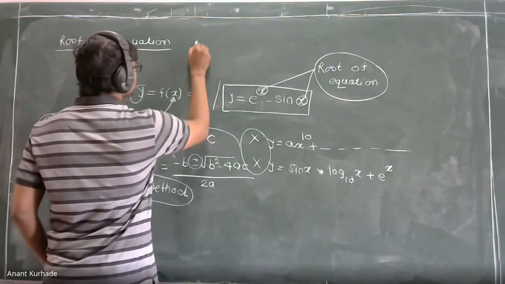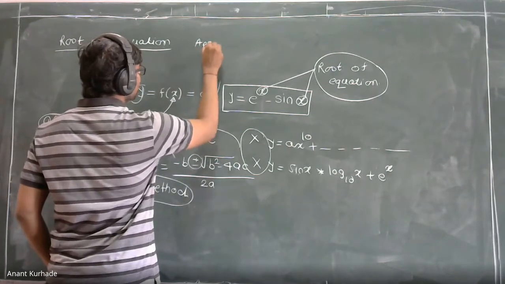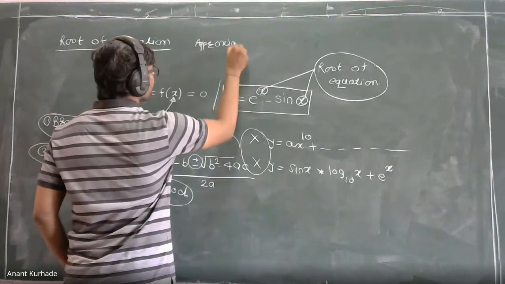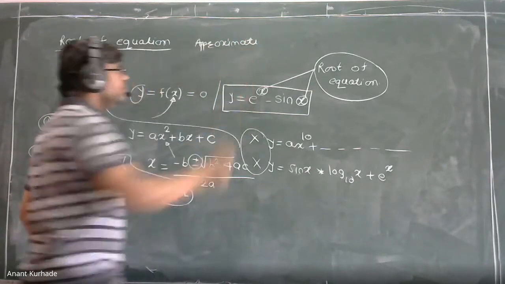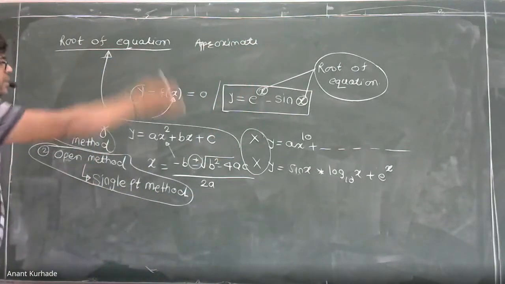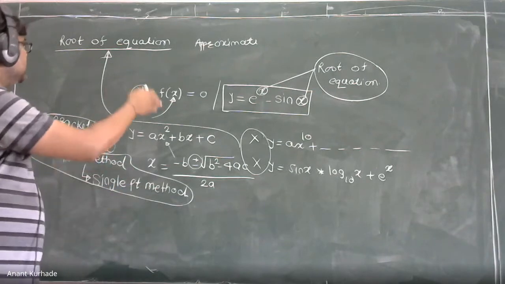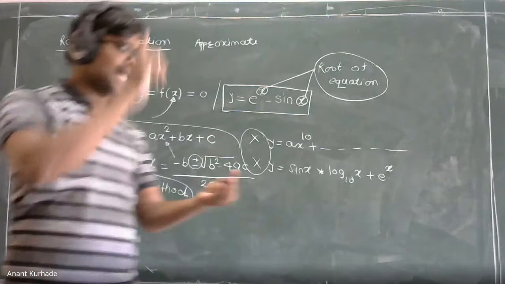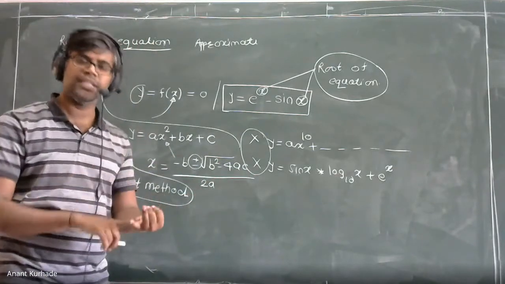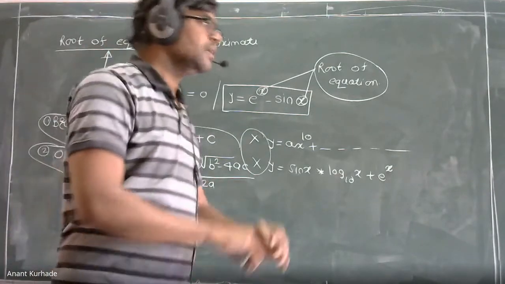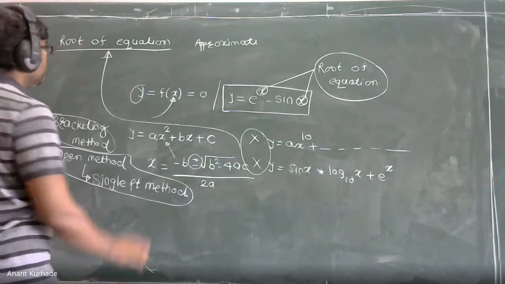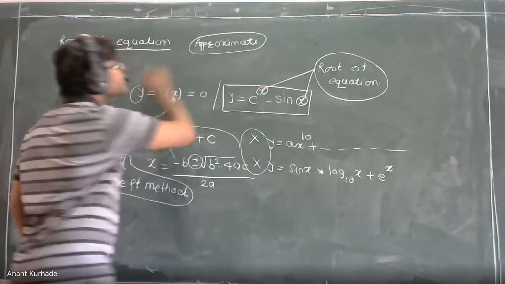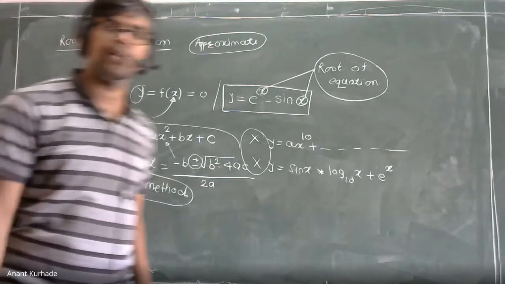Now, the most important part. In this subject we cannot get the exact answer. Whatever we get by solving the equation using these methods, iterative method, direct method, bracketing method, open method, we can have only approximate values.